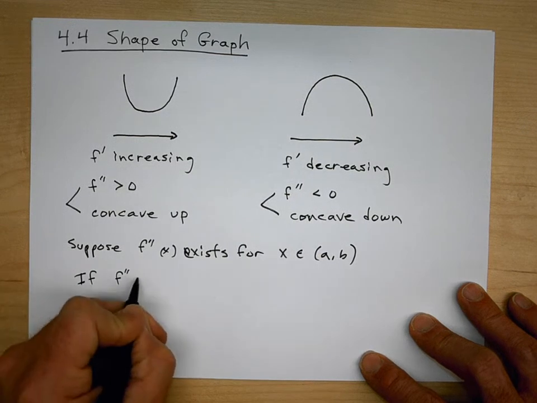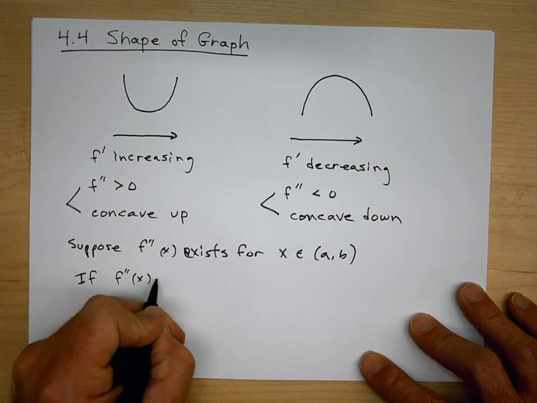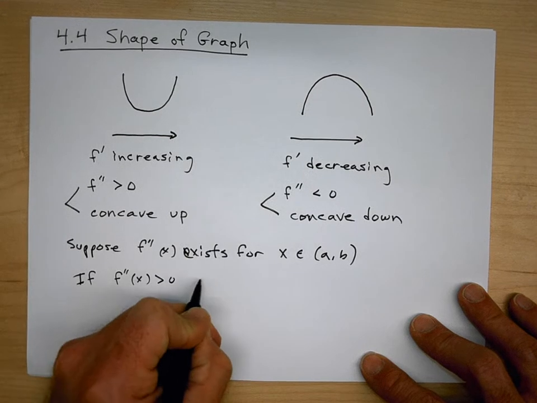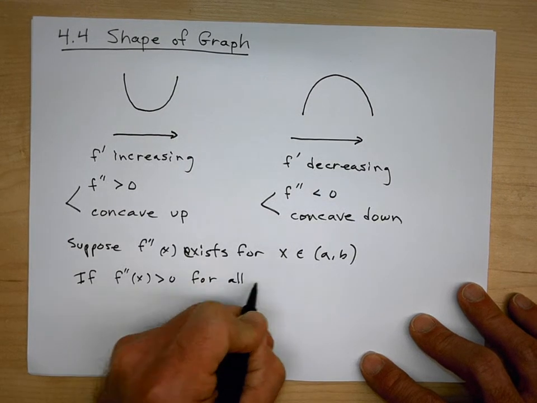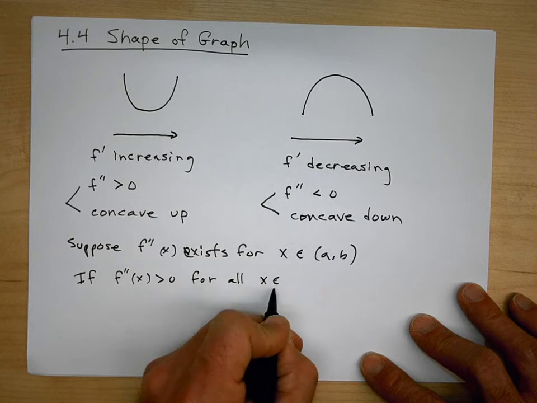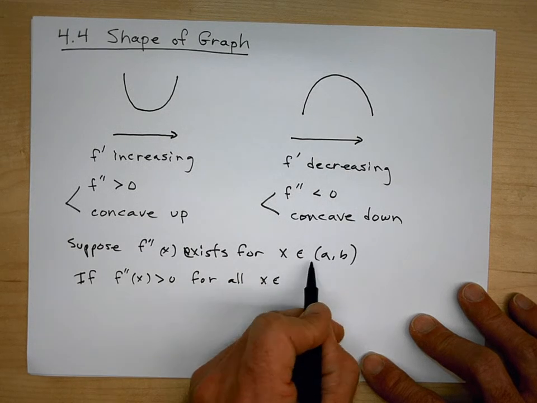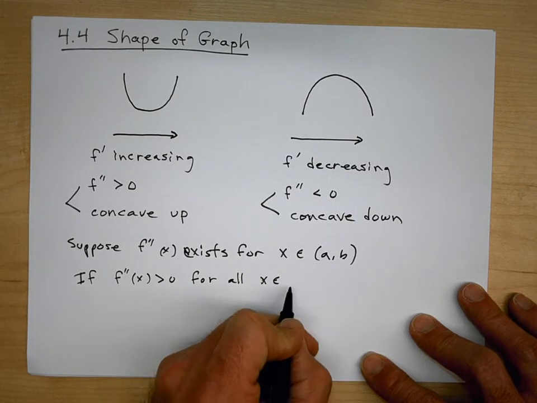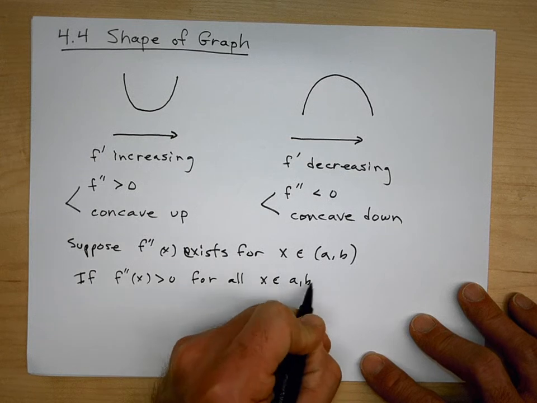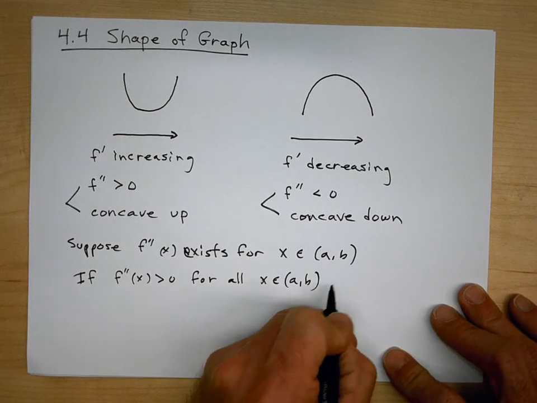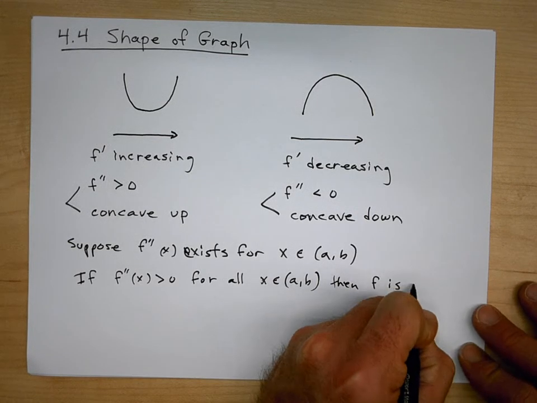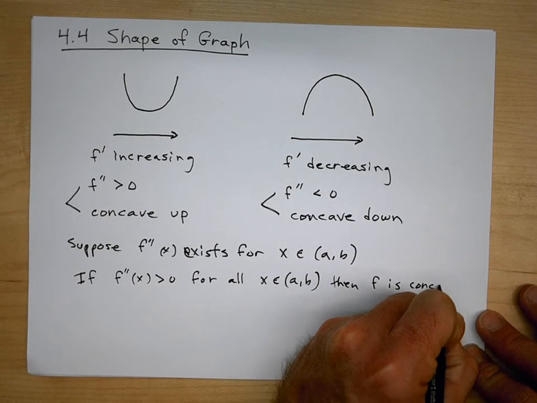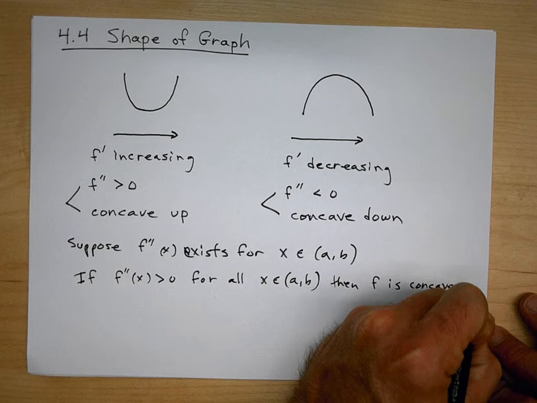If the second derivative is positive for all x in the interval, that little symbol just means that x is somewhere in between a and b, then f is concave up.